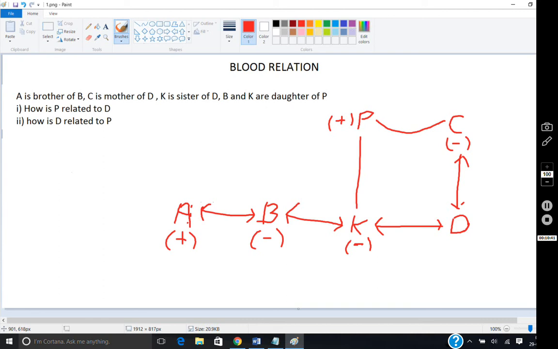And the gender of D is not confirmed. So the first question is, how is P related to D? P is father of D. First answer will be father.